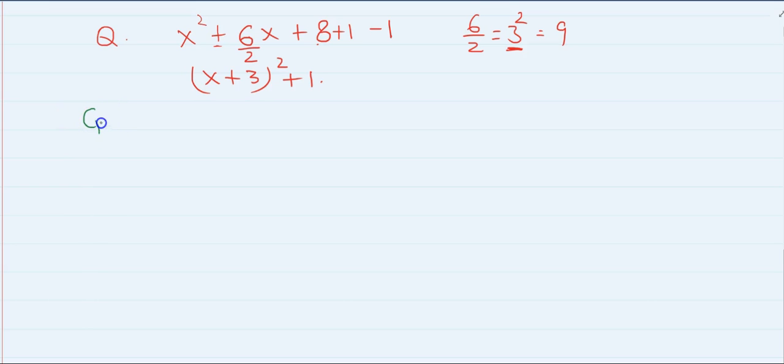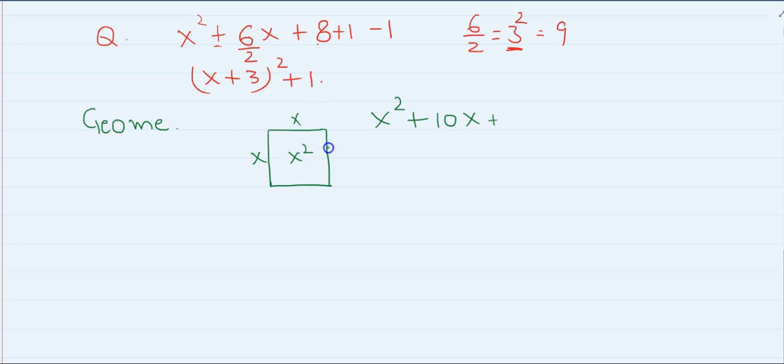Now let's try to prove it geometrically. Let's have an equation. Suppose x square plus 10x plus something. We'll write it later. So now x square, let's assume this is x and this is x.